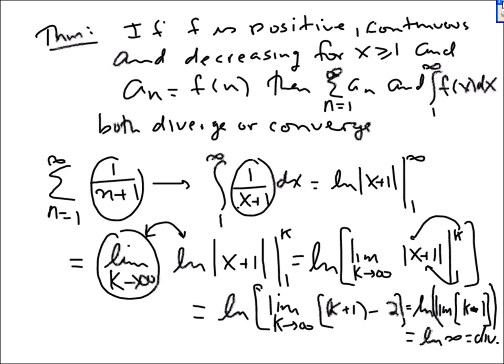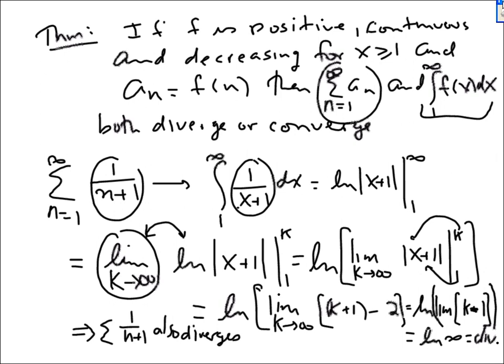Since the integral diverges, that implies the summation of 1 over n plus 1 also diverges. They're both going to have the same answer, this summation and this integral.